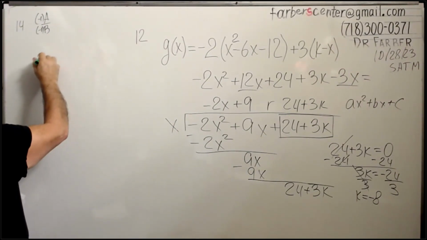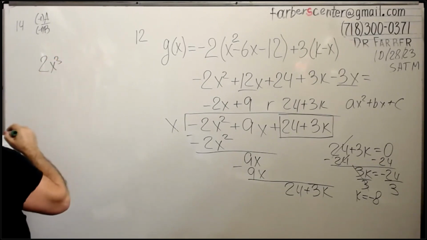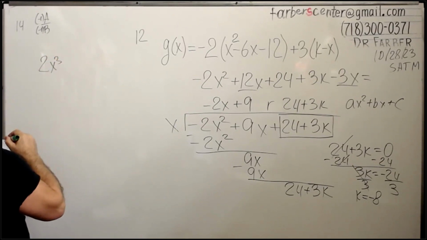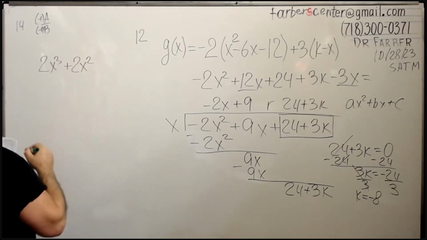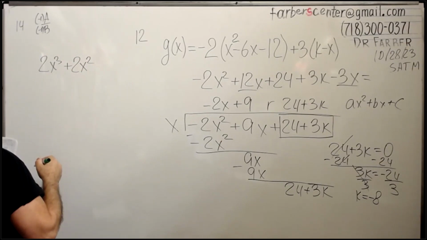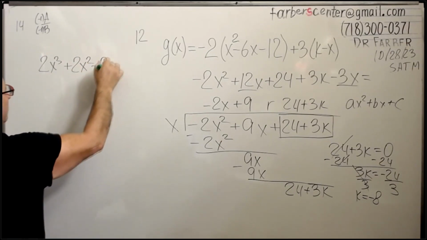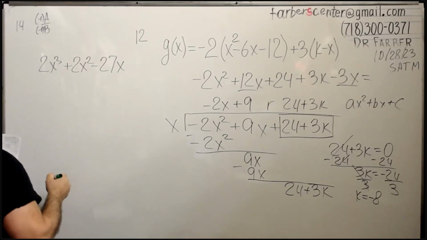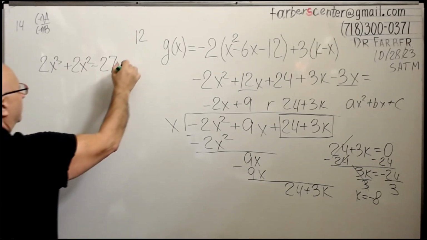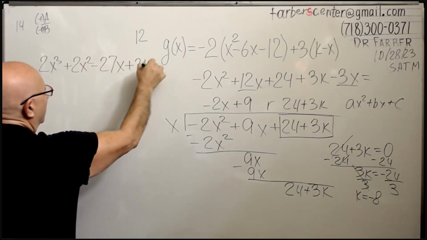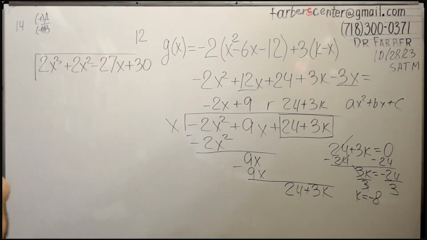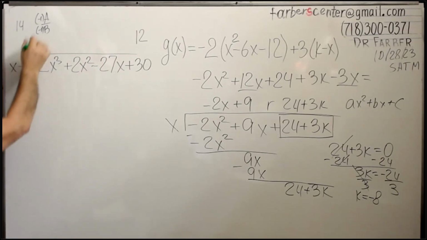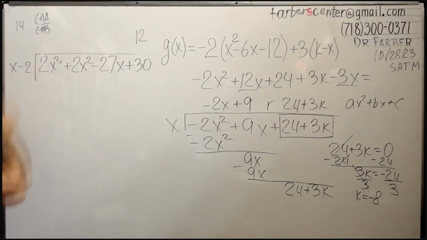I'll get 2x to the third, plus 2x squared, minus 27x, and plus 30, since I multiply by -1. And if I multiply the divisor by -1, I will get x minus 2. Why? Because you can multiply numerator and denominator by the same value.